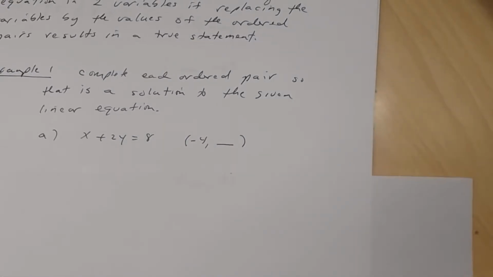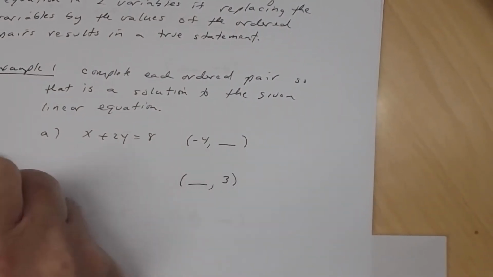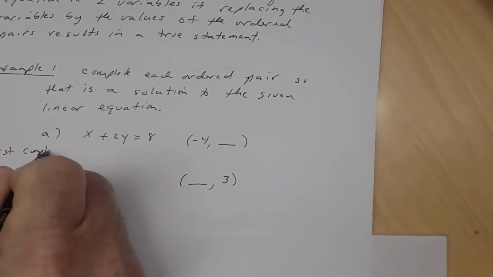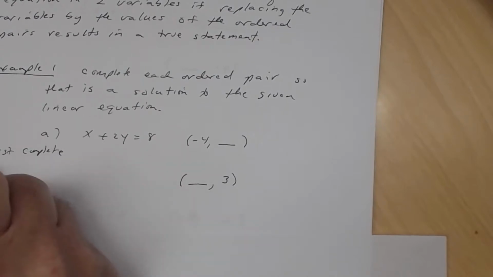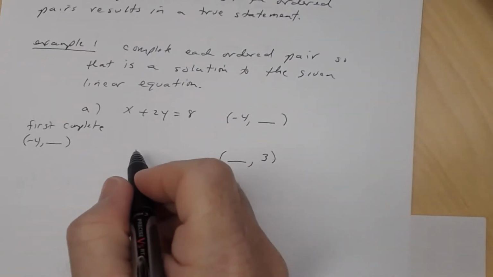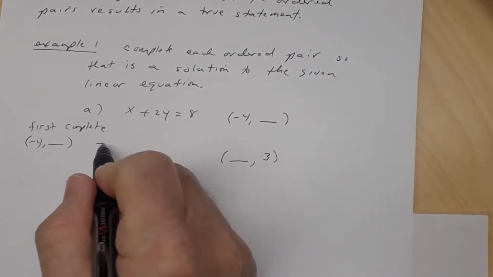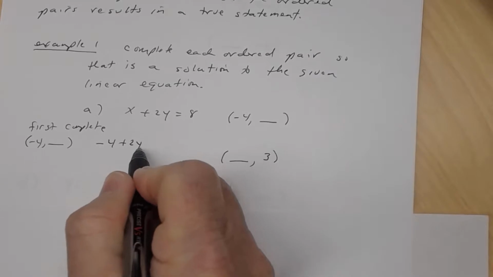All right, so let's do this one first. Complete (-4, blank). Remember this is x. So I get negative 4 plus 2y equals 8.